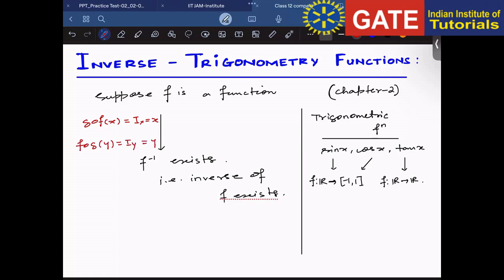If these two conditions are satisfied, we say the function is invertible, and the inverse of f is g, and the inverse of g is f. So finally g is equal to f inverse. Correct or no?